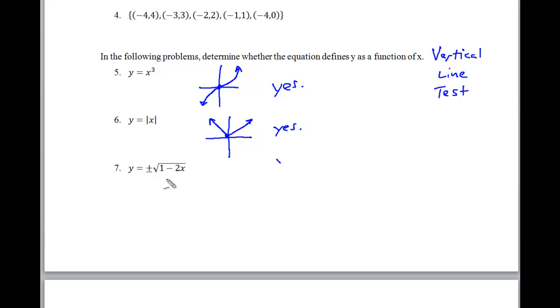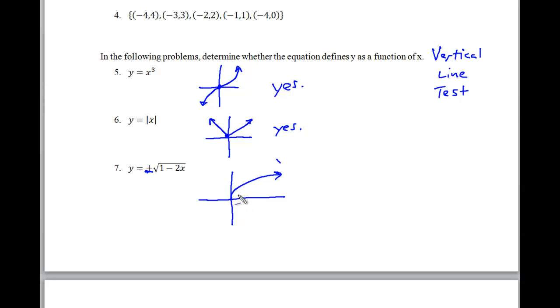Yes. Well, wait a second here. In this graph, this is going to be a square root, but without actually getting into the specific graph here, if I just look at the positive square root of 1 minus 2x, without getting too particular, it's going to look like this.